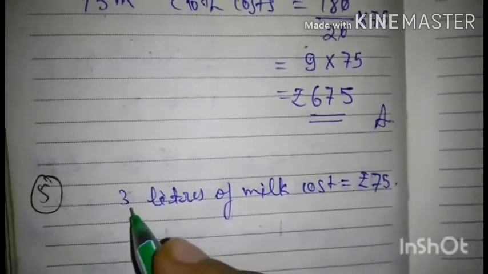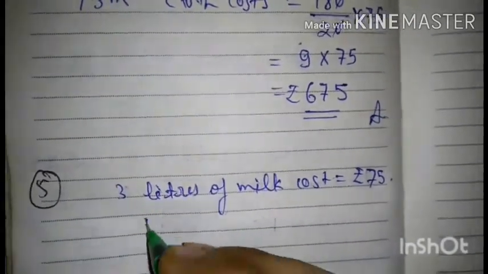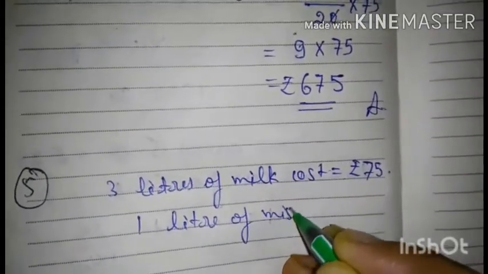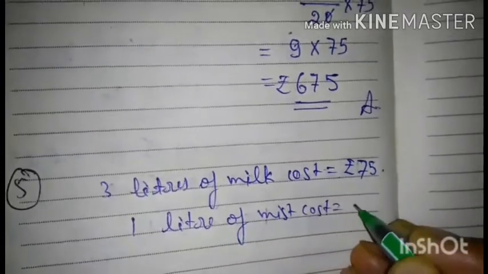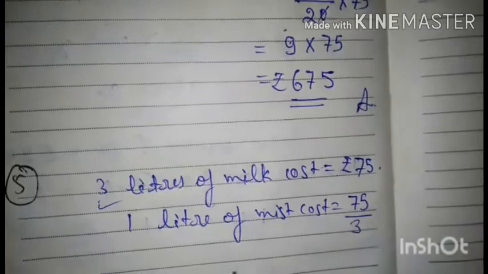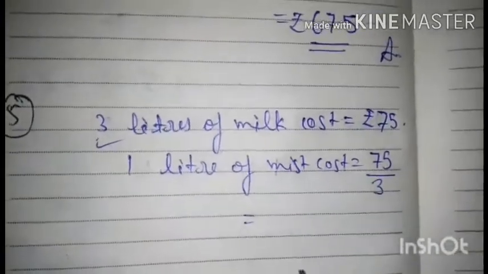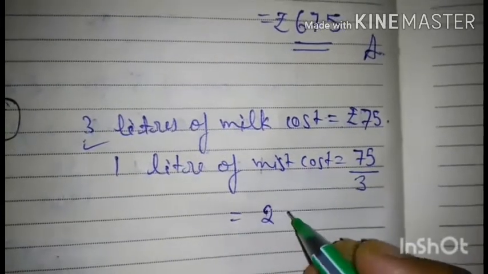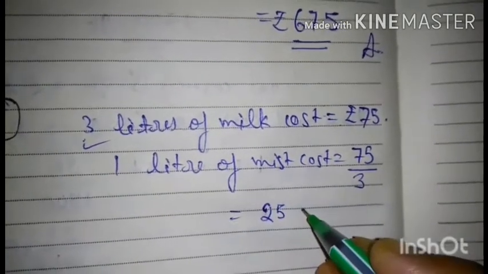Asked for, na. First find out the 1 liter cost. So on 1 liter, the cost of milk is rupees 75 by 3, na. Okay, divided by 3. You find out what? 3 2 ja 6. Okay, 3 5 ja 15, 25 rupees.